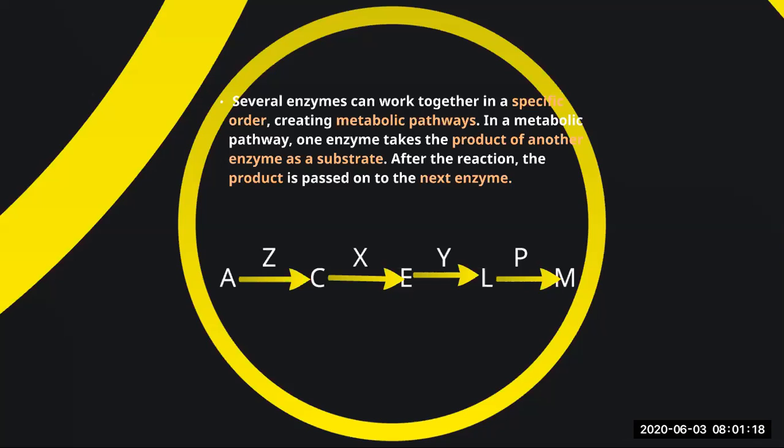In the third reaction, E is not acting as product, rather it is acting as substrate. E is substrate and converts into product L. Now L is substrate in the fourth reaction. So the product of one reaction is acting as a substrate in another reaction.